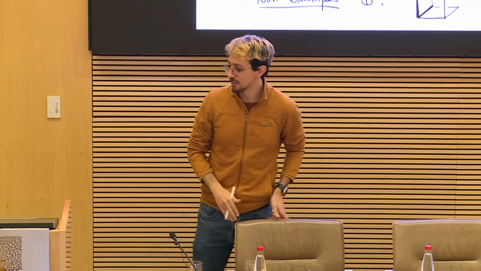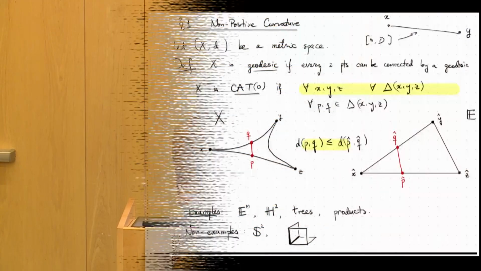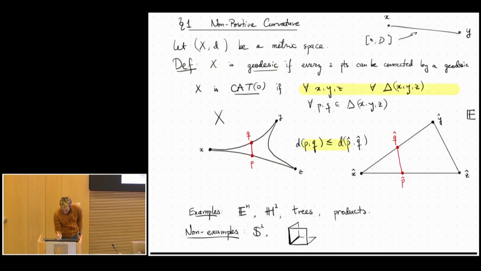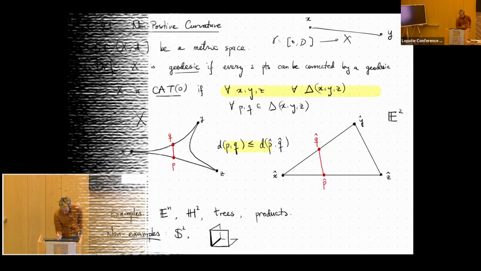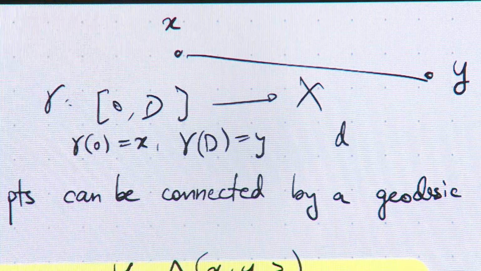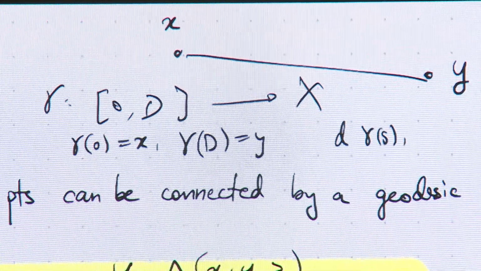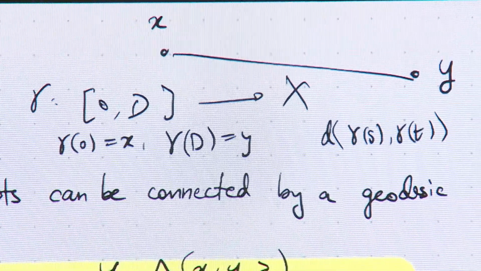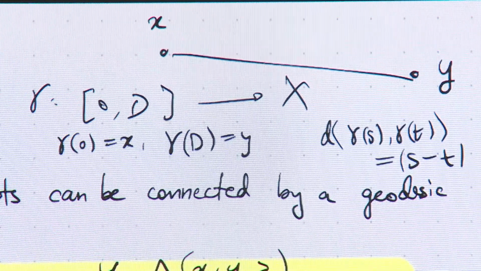Geodesic means that any 2 points I can connect with a path that minimizes the length. Okay, let's put it in this language. But really it means there's a path from an interval to X that connects x to y, and satisfies that the distance between 2 points is the Euclidean distance.